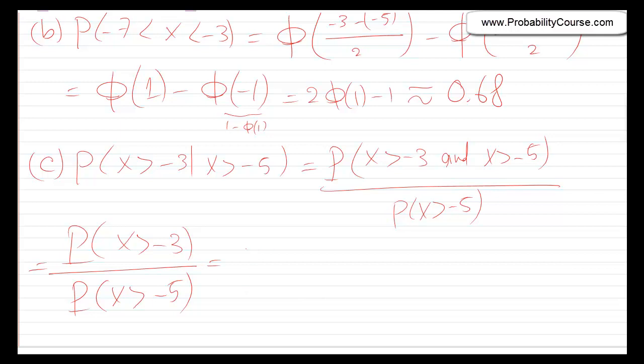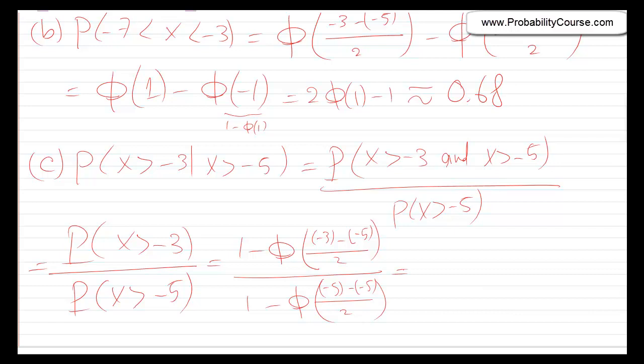We can write it in terms of the phi function: 1 minus phi of (-3 minus -5) over 2, over 1 minus phi of (-5 minus -5) over 2, which becomes 1 minus phi of 1 divided by 1 minus phi of 0. Again, you can find the value of this. This is around, I believe, 0.32.